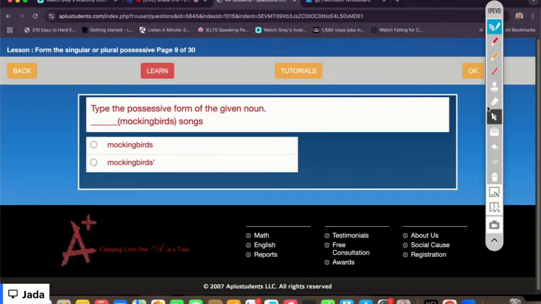All right, mockingbird songs, first or second. All right, so we have mockingbirds.